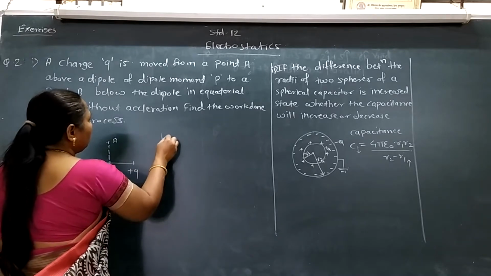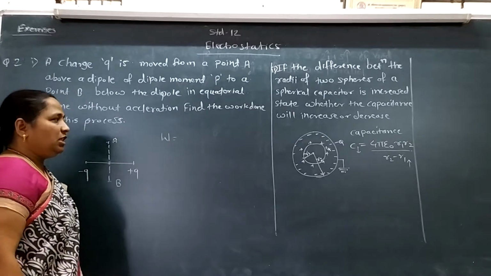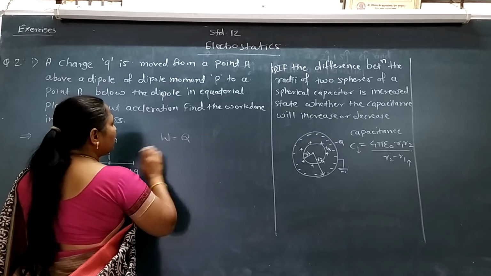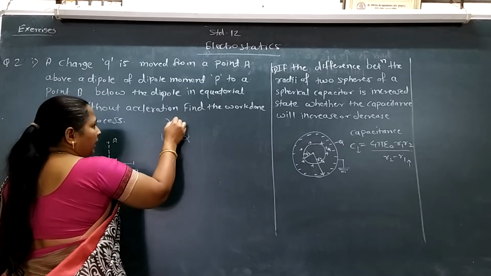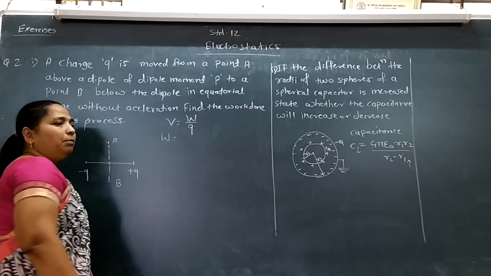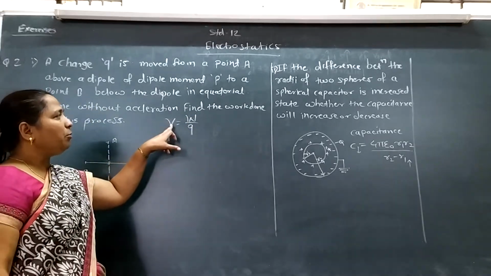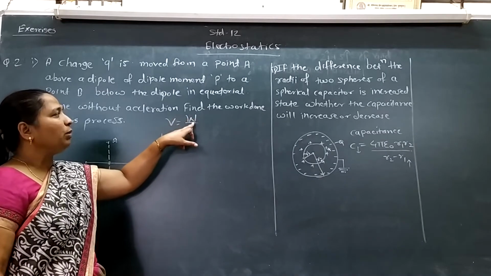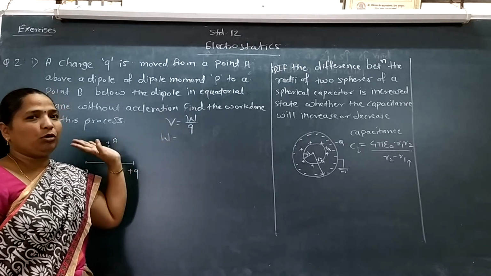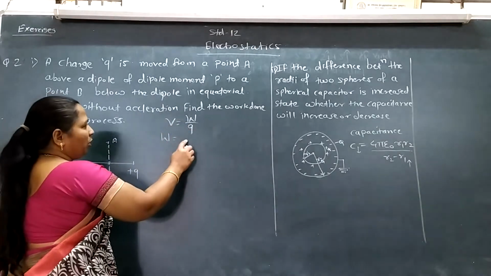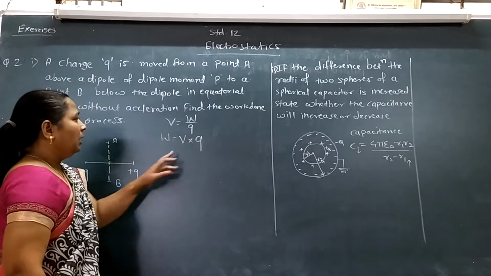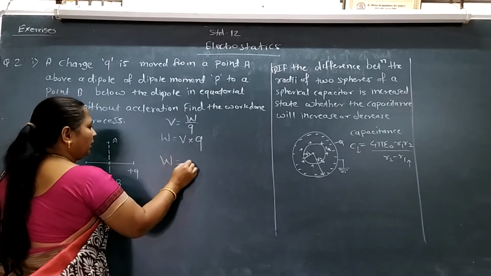Therefore, W is equal to Q into V, where the electric potential V is equal to W upon Q. The electric potential is defined as the amount of work done to bring a unit positive test charge from infinity to a given location. Therefore, W is equal to V into Q.